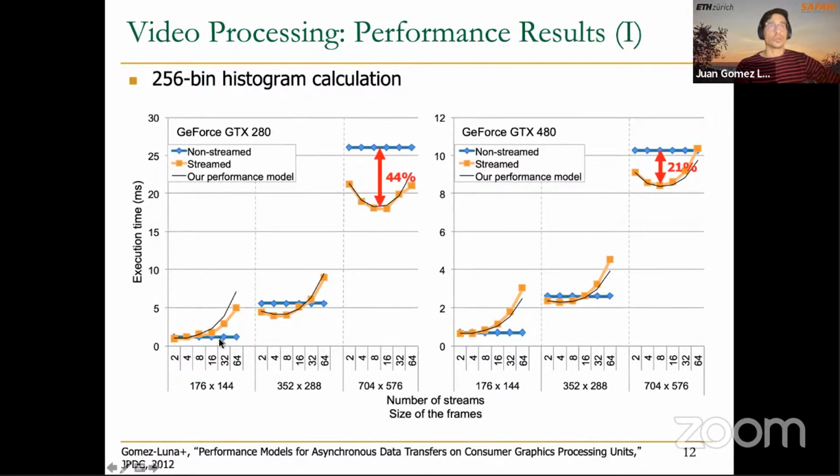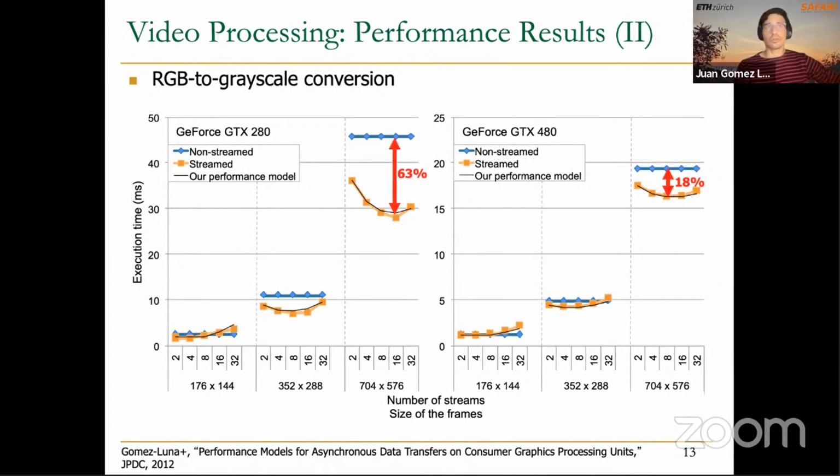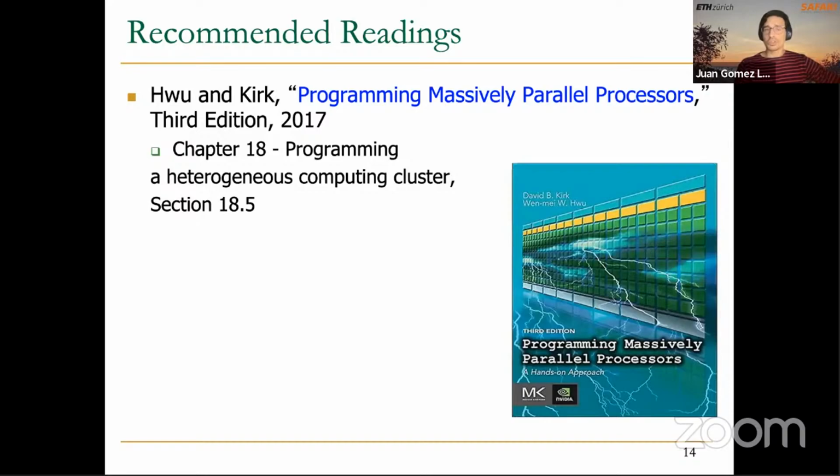Notice that in two different GPUs, two different architectures, we can achieve performance improvements of up to 44%. And these are results for a different benchmark, in this case, RGB to grayscale conversion, where every single frame of the video is converted to grayscale. If you want to learn more about CUDA streams and about overlapping data transfers and computation, you can read our paper, and also you can read section 18.5 in the Programming Massively Parallel Processors book.